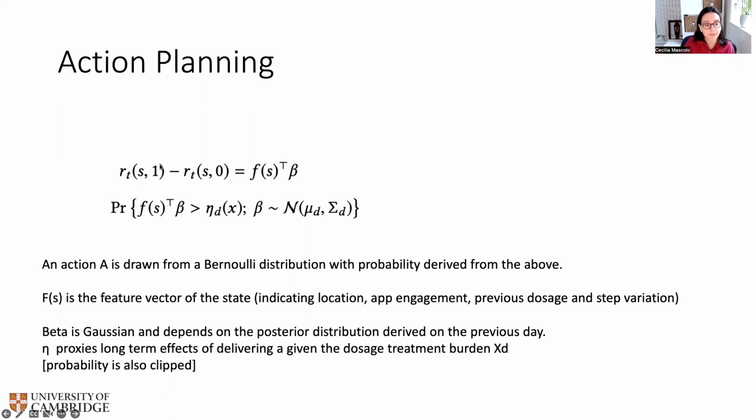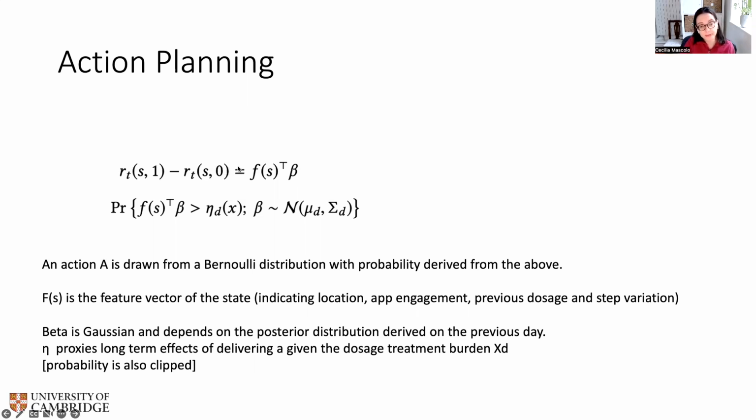So the reward function at time t, when the system is in state S for this user, and the action is 1, meaning sending a message to this user, is defined by this formula. The same formula also defines the case when we don't send the message. So the effect of sending a message is essentially the difference between doing the action or not doing the action.